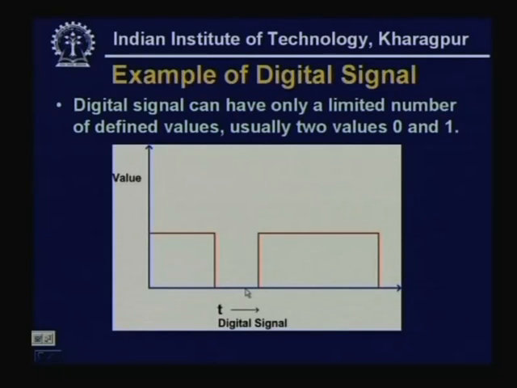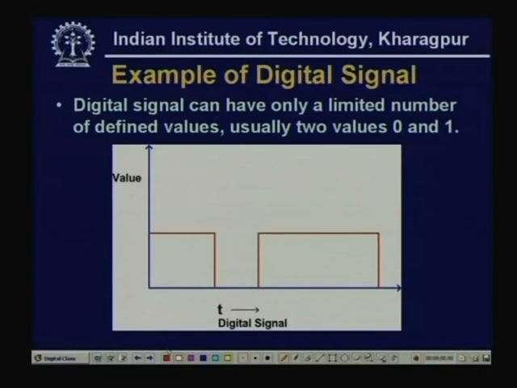Similarly, a digital signal can have only a limited number of defined values, usually two values, zeros and 1. For example, say this is 0 volt, and here it is say plus 5 volt. 0 volt can be considered as 0 logic level and plus 5 volt can be considered as 1 logic level.